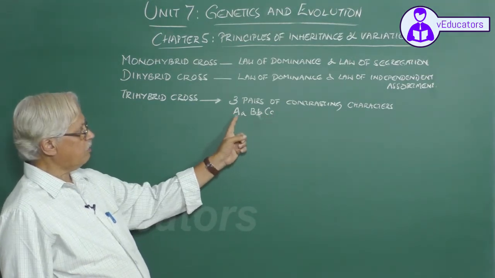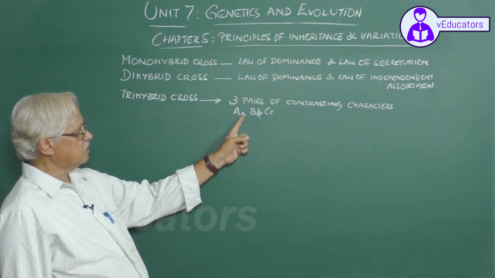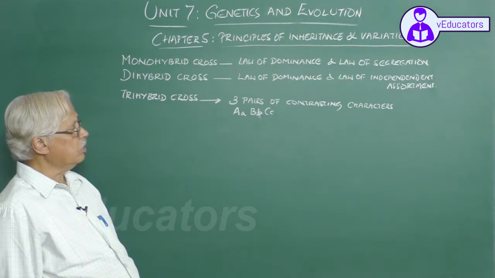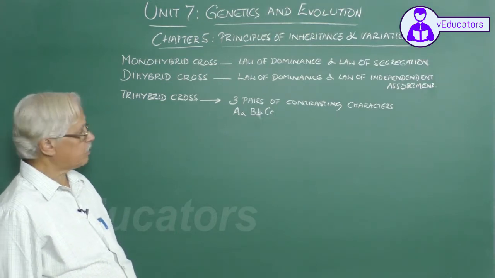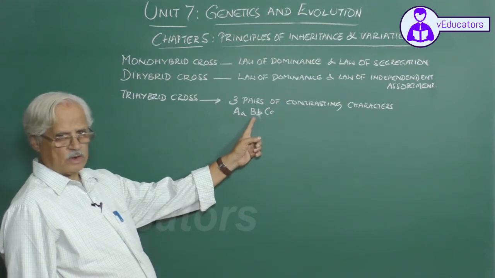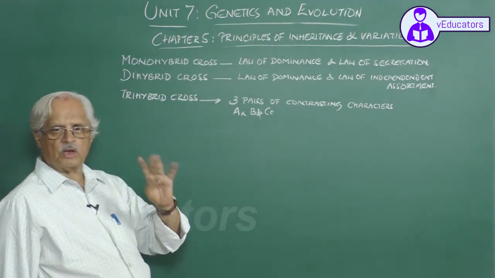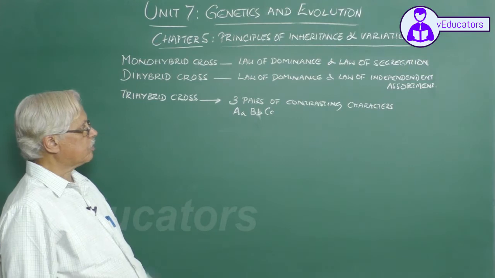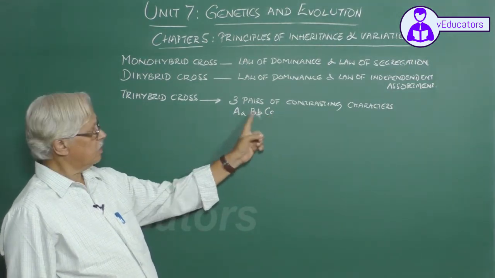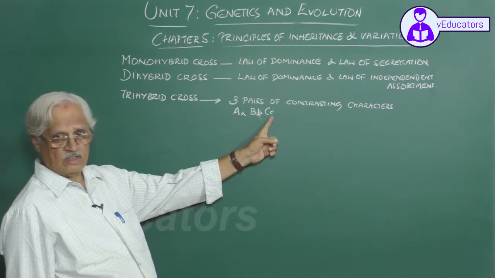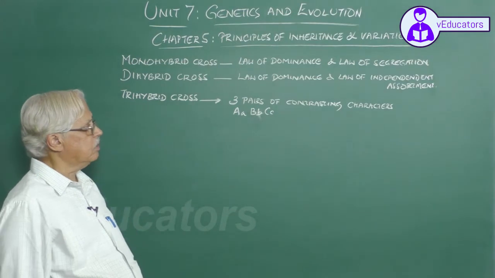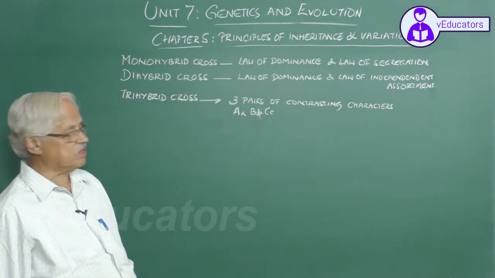When you have only one pair of contrasting characters in the heterozygous condition, you get only two types of gametes. When you have two pairs, you get four types of gametes. When you have three pairs in the heterozygous condition like this, you should get 8 types of gametes.